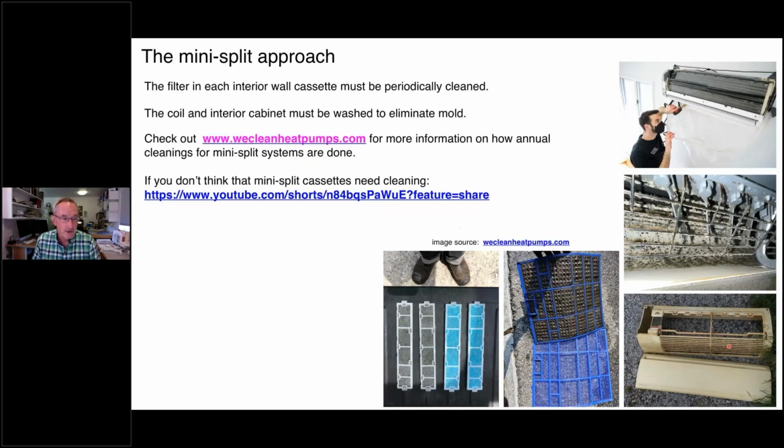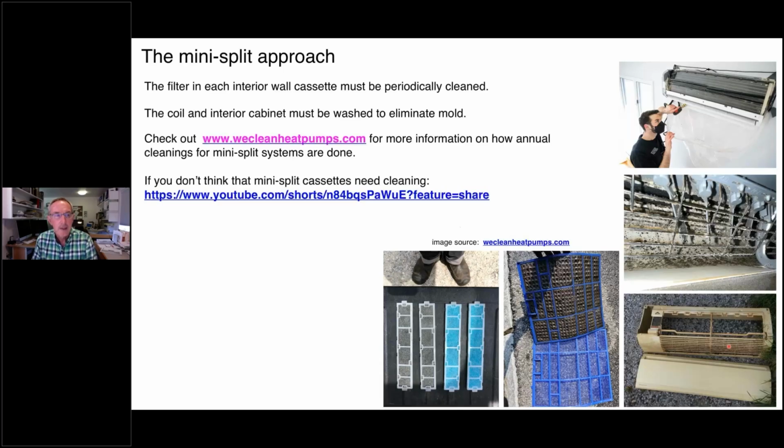And again, there's some YouTube videos that, if you're interested in what the procedure actually looks like, go to that YouTube, and this will all be coming out in the PDF that Kevin will send out after the webinar. But I encourage you to look at both of these websites and see what's involved with cleaning these units.